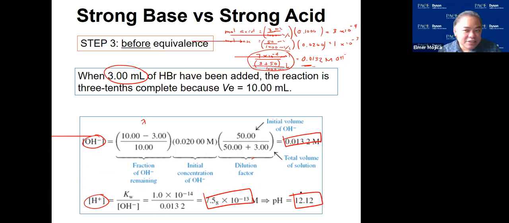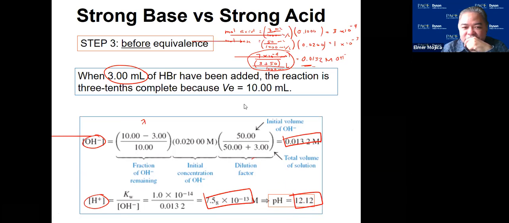Now, does this value make sense? Where do we start?